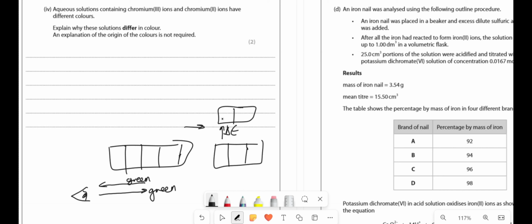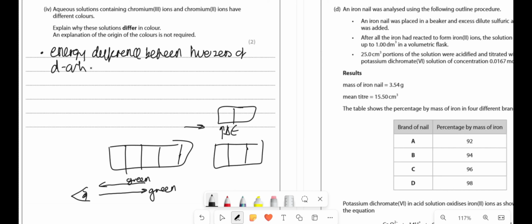So to put this into words, they're different in color because the energy difference between the two sets of d orbitals, the two sets being these orbitals in Cr2+ and Cr3+, is different.